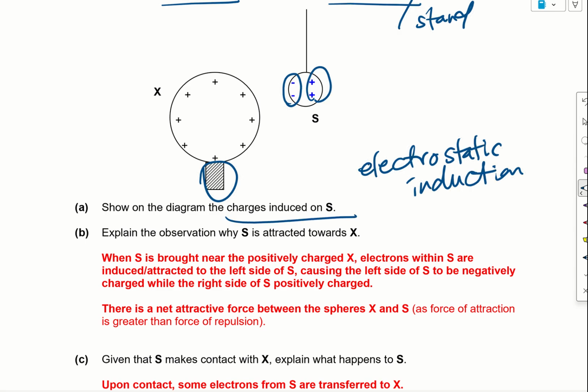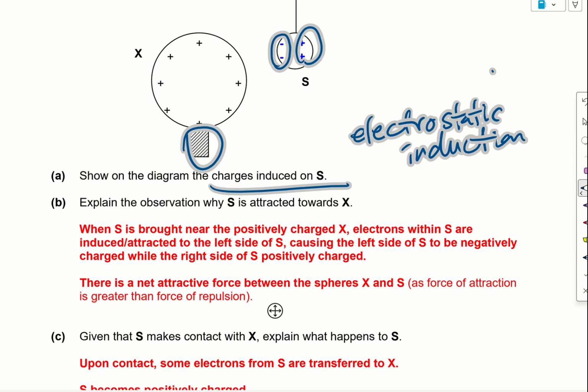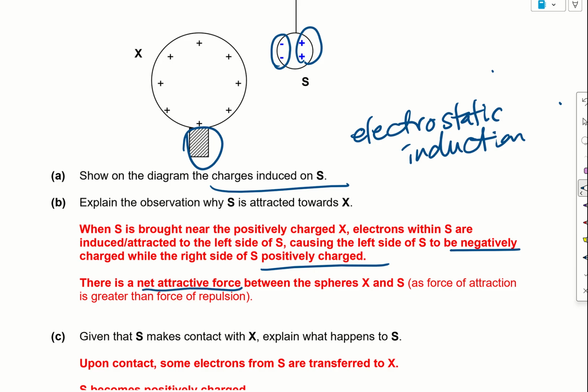Now explain the observation why S is attracted towards X. So the answer is that when S is brought near the positively charged X, electrons within S are attracted to the left hand side, causing the left hand side to be negatively charged while the right hand side is positively charged. There is a net attractive force between the sphere X and S. Why? As the force of attraction is greater than the force of repulsion.